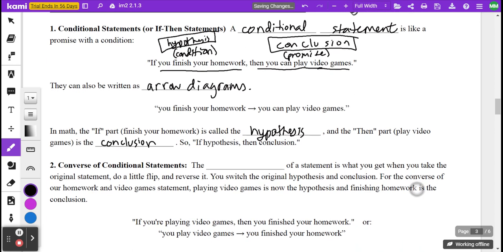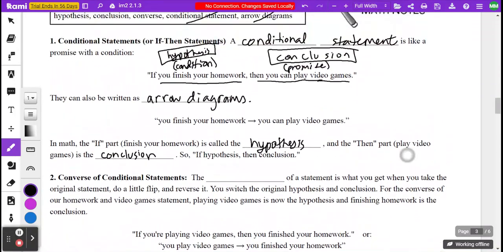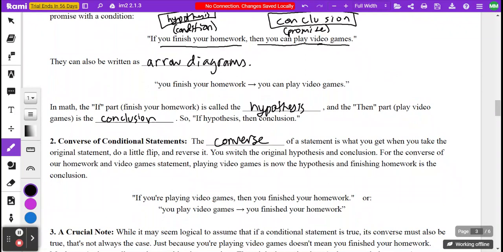Now, the converse of the conditional statement. The converse of a conditional statement is what you get when you take the original statement, do a little flip, and reverse it. If you switch the original hypothesis and conclusion, then you might not get the same truth value.